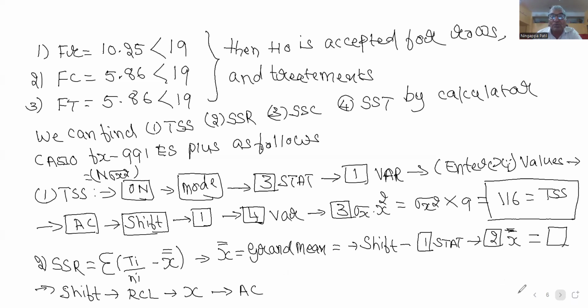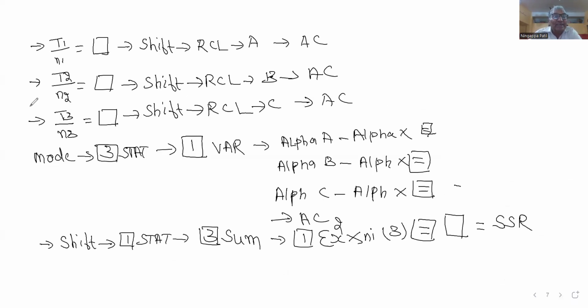Next, mode 3, that is STAT, 1 variable. Then you take alpha A minus alpha X equal to button, alpha B minus alpha X equal to button, meaning enter this value in the X column. Then alpha C minus alpha X equal to button, and AC button. You enter all the values.